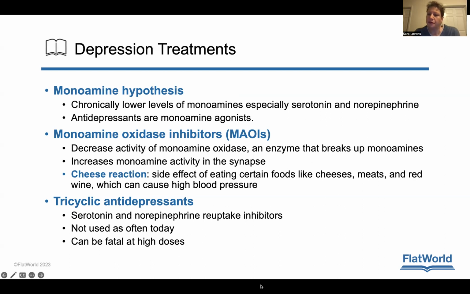And these monoamines are particular amino acids and things that are also going to be really helpful for producing neurotransmitters.